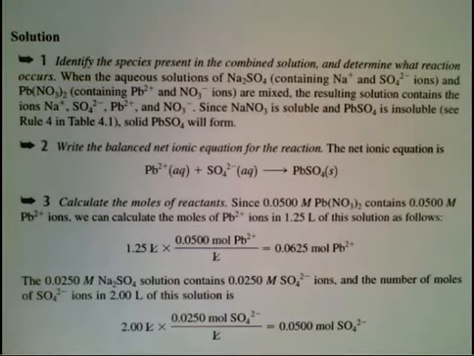So we got multiple steps here. First, identify the species present in the combined solution and determine what reaction occurs. When the aqueous solutions of sodium sulfate, which contains sodium plus 1 and sulfate minus 2 ions, and lead nitrate containing lead plus 2 and nitrate minus 1 ions are mixed, the resulting solution contains the ions Na plus, SO4 2 minus, Pb plus 2, and nitrate minus 1.